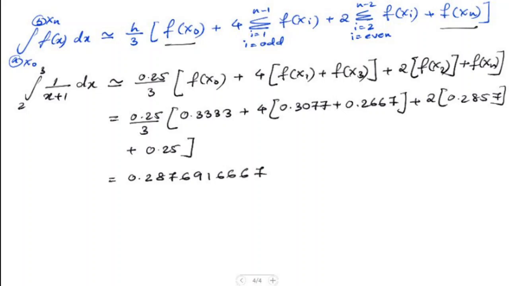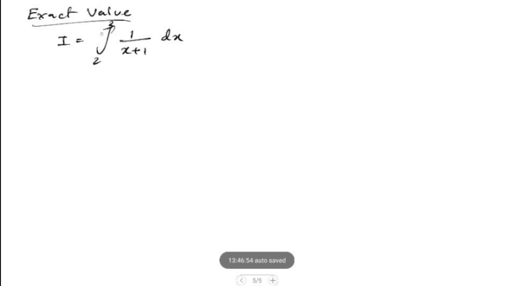So the next step is to calculate the absolute relative error. For that, we need to find the exact value of this integral. The integral given to us is from 2 to 3, 1 over x plus 1 dx. So let me rewrite the 3, it's not clear.